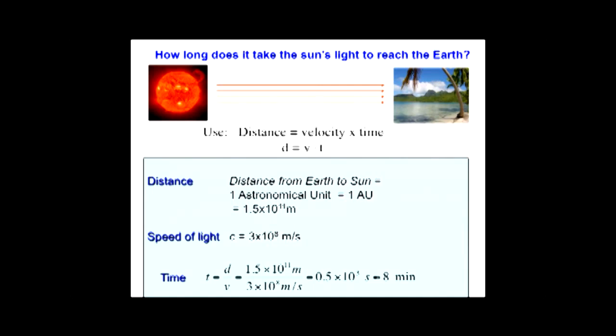Well, remember the exponential notation. 10 to the 11 divided by 10 to the 8 is 10 to the 3, doing the subtraction. And then 1.5 divided by 3 is a half. So it's a half times 10 to the 3 seconds. 500 seconds is about 8 minutes. So the time it takes light to go from the Sun to the Earth is about 8 minutes.